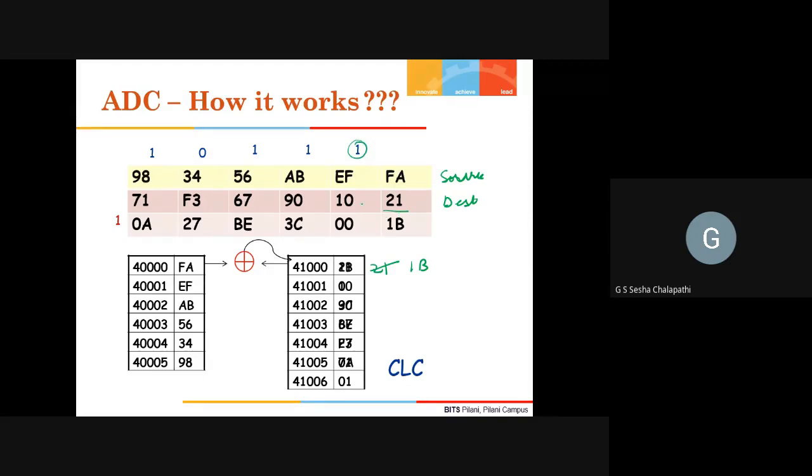E plus 1 is F, plus 1, 0 with a carry. This is a carry generated from here. 1 plus B plus 0 is C. A plus 9 is how much? Anybody? 10 plus 9, 19. 19 is 13H.